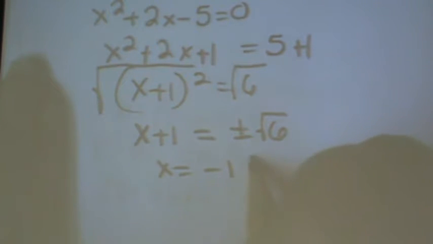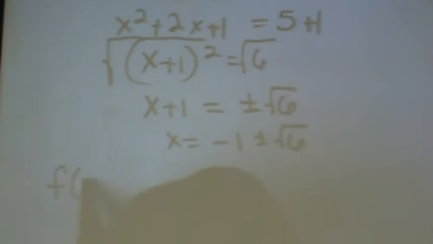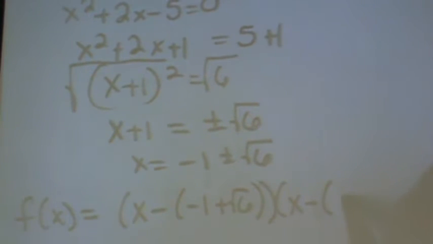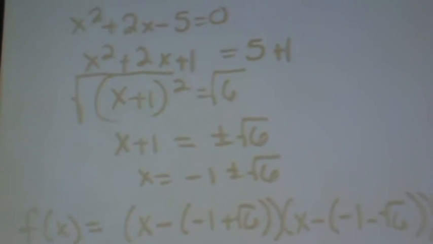Factor, square root. So you get x plus 1 is equal to plus or minus root 6, and subtract 1. So in x-intercept form, your answer would be f of x. The a value for this is 1, so you don't need that out, but x minus negative 1 plus root 6, and x minus negative 1 minus root 6. Now if you want to simplify it more by distributing the negative, you can, but for now let's leave it.